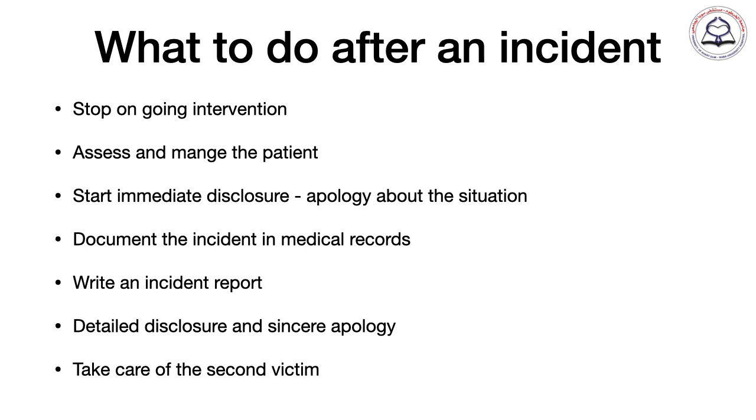But if the intervention already done or the medication is already given, then it will be to assess the patient and manage accordingly. First, you do general assessment and assess the vital signs and level of consciousness, and also you manage any immediate threats.